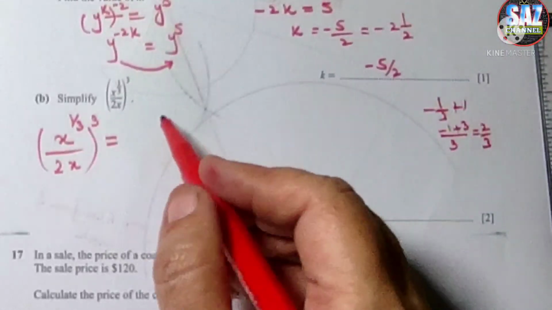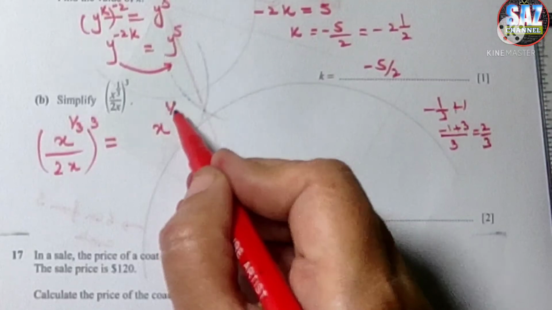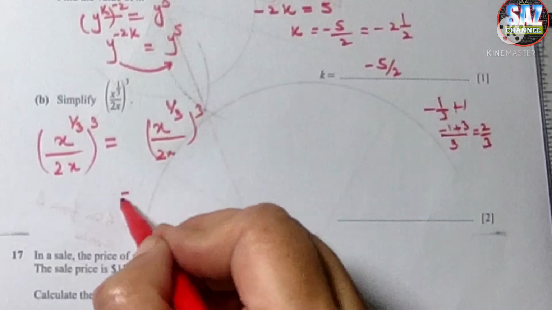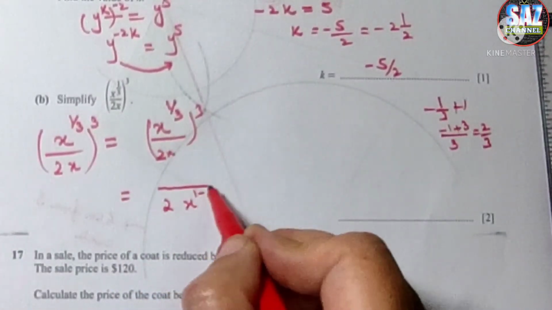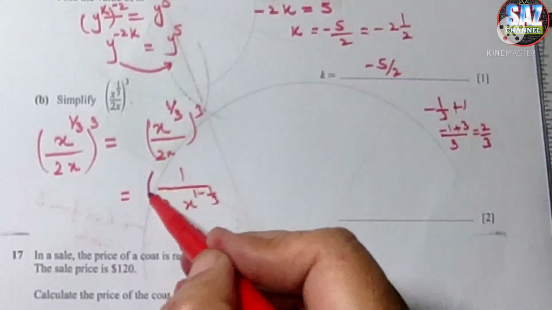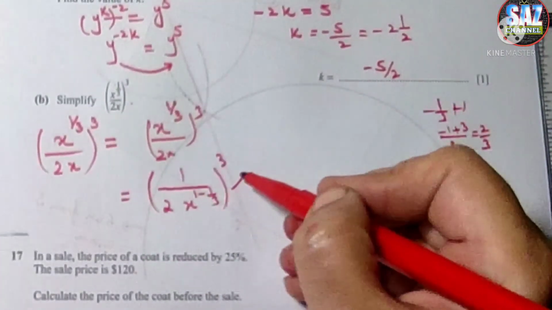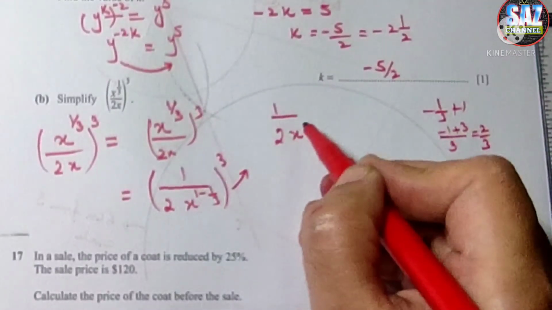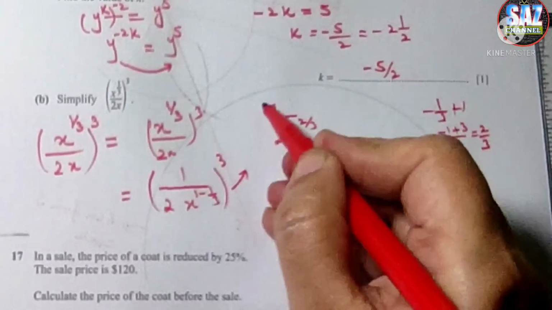Now the question will take the form x raised to power of 1 by 3 by 2x whole cubed equals 1 over 2 x raised to power of 1 minus 1 by 3, and as I'm bringing this x down, it will become 1 over 2 into x raised to power of 3 minus 1, which is 2 by 3, whole cube.